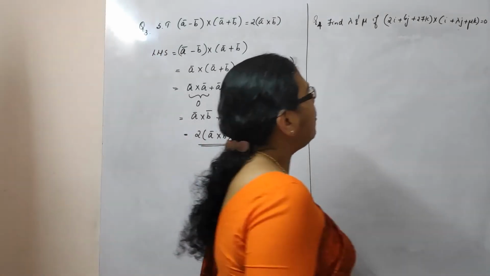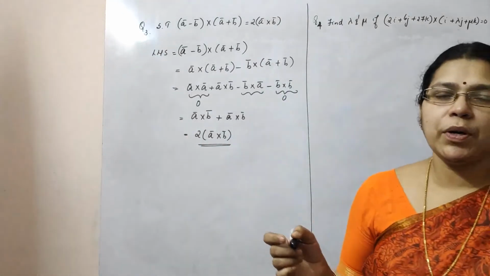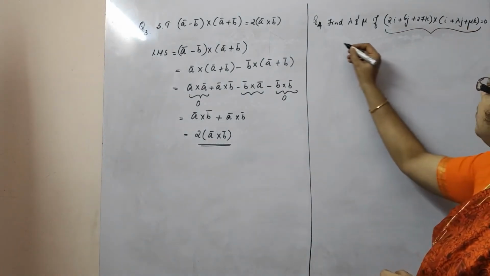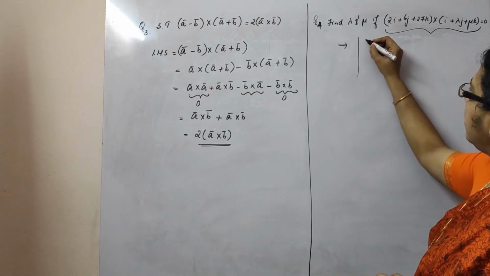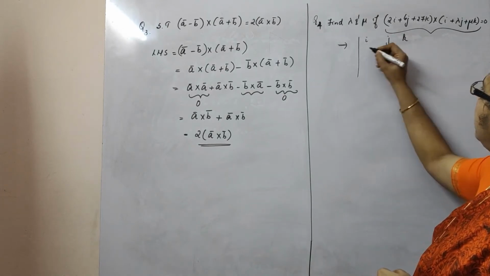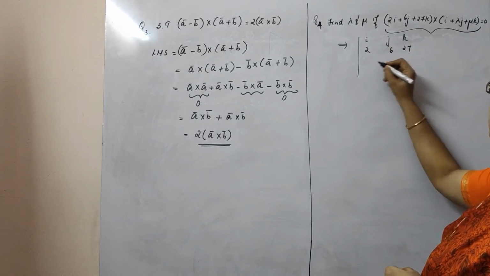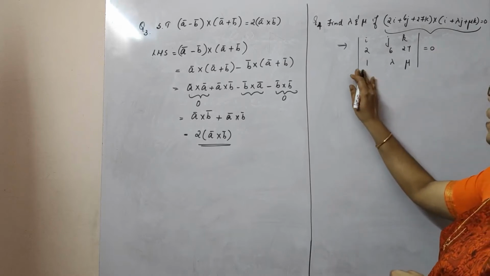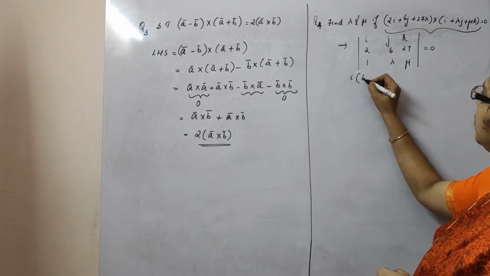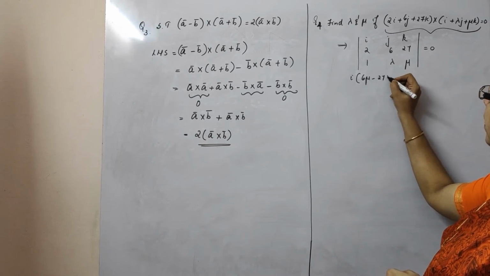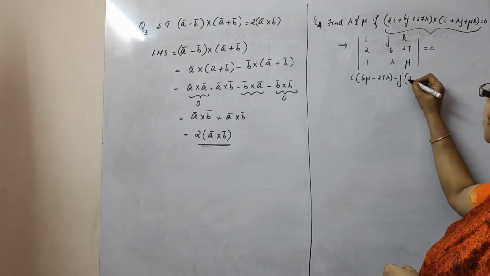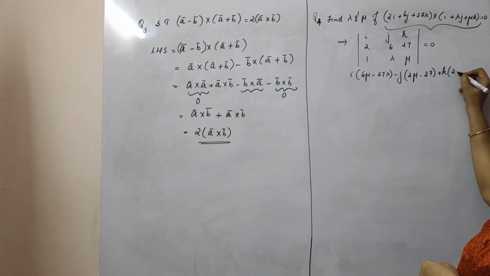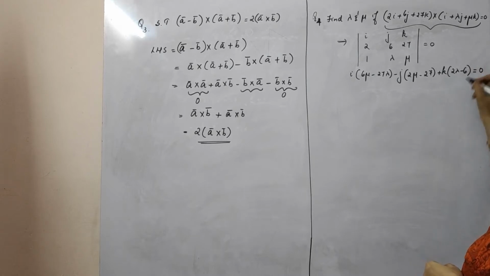It is to find the value of lambda and mu if the cross product of the two given vectors is equal to 0. Now, if this is equal to 0, this implies the determinant i, j, k, 2, 6, 27, 1, lambda, mu is equal to 0. So I have i into 6 mu minus 27 lambda, minus j into 2 mu minus 27, plus k into 2 lambda minus 6 is equal to 0.